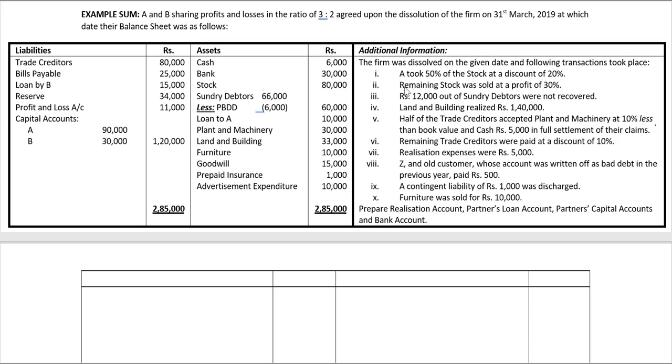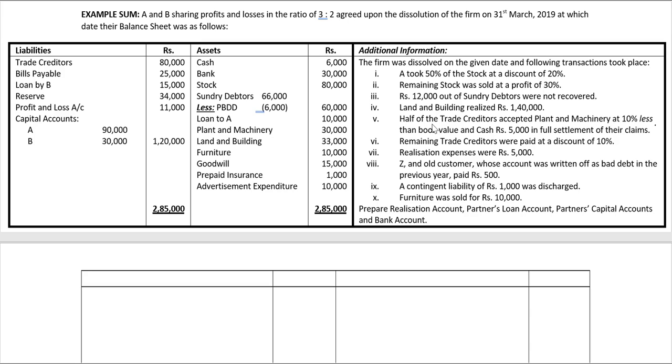First point, A took 50% of the stock at a discount of 20%. Second point, remaining stock was sold at a profit of 30%. Third point, rupees 12,000 out of the sundry debtors were not recovered.